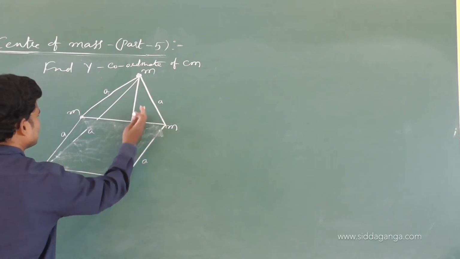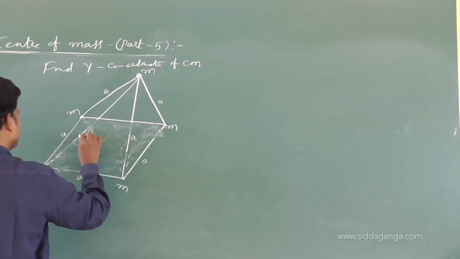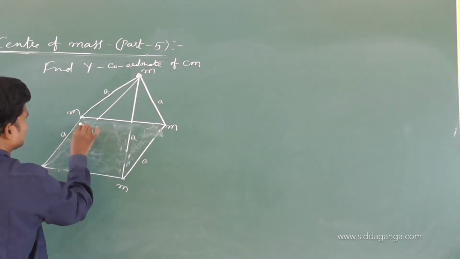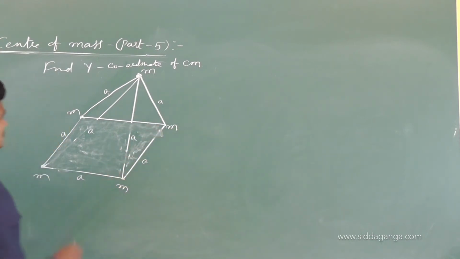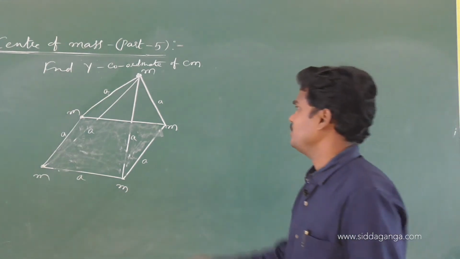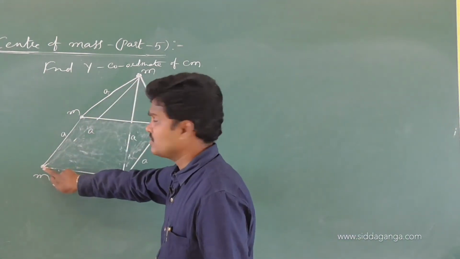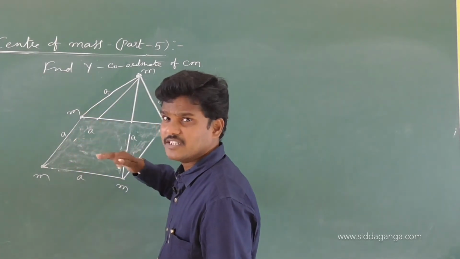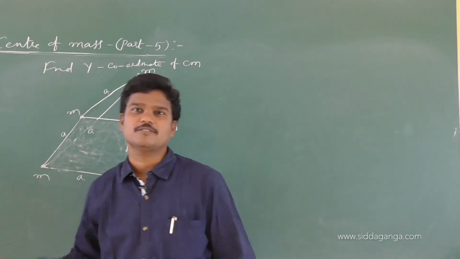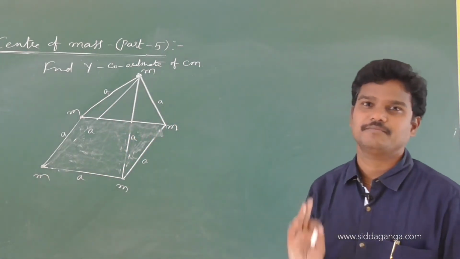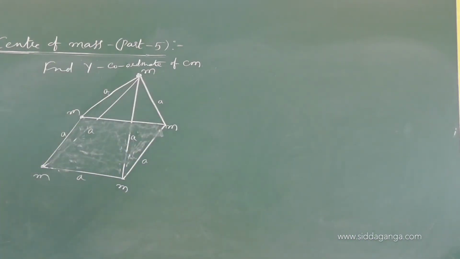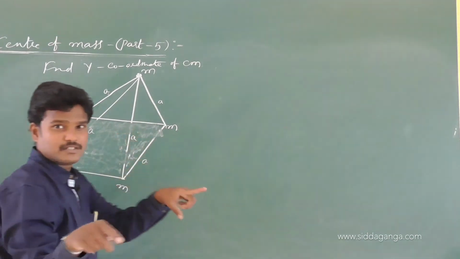So little bit different questions are started now. Does it appear like a pyramid? Check it once. This is A, this is also A. Don't think this is more. This is also A. Imagine in a 3D way. Get the y coordinate of center of mass of this pyramidal system. Here at the bottom there is a square plate.